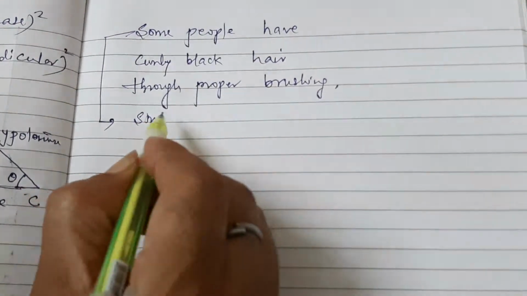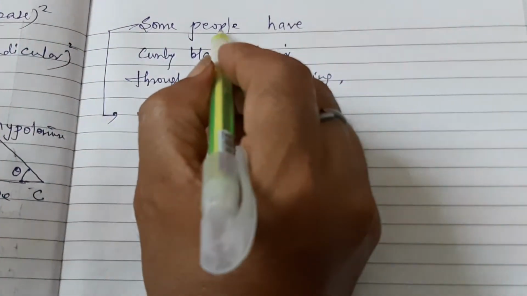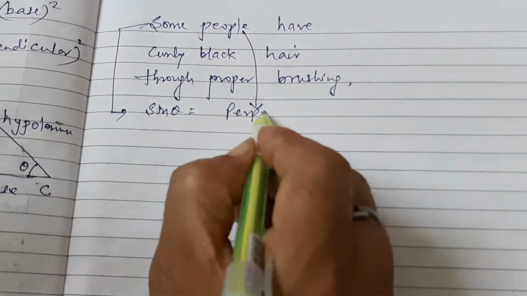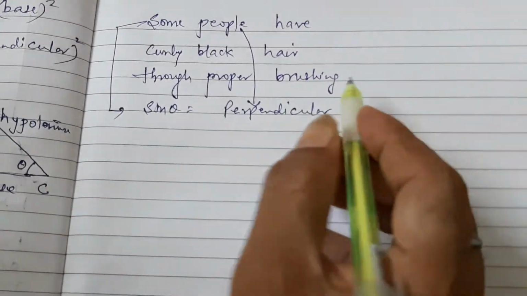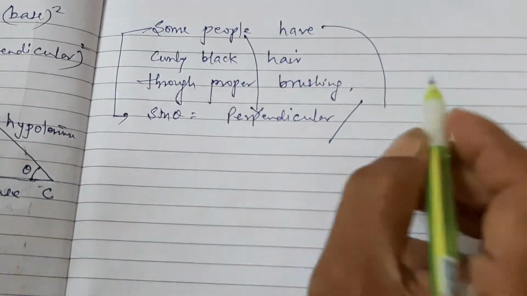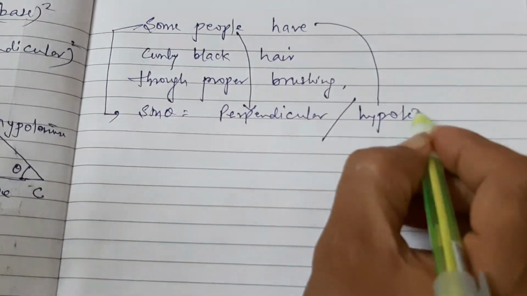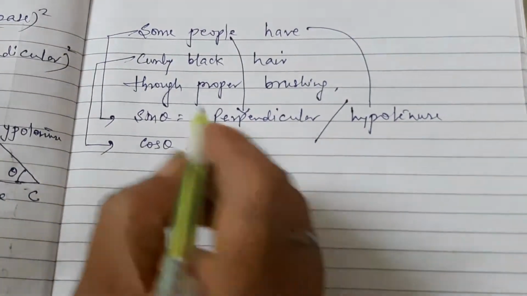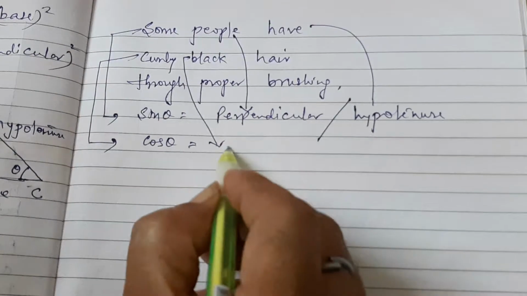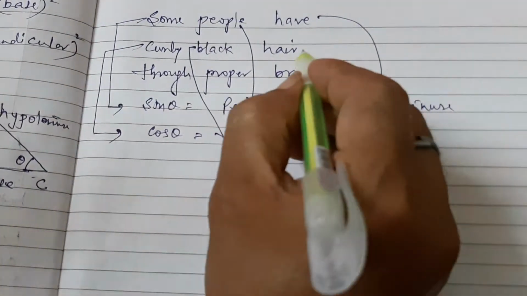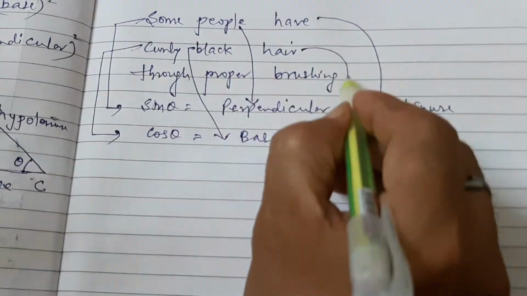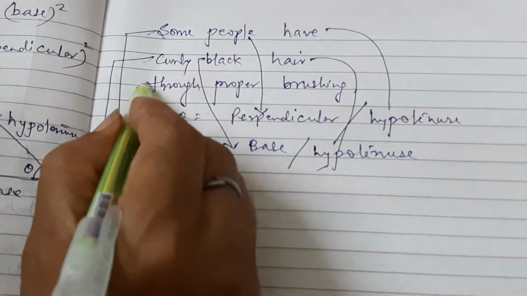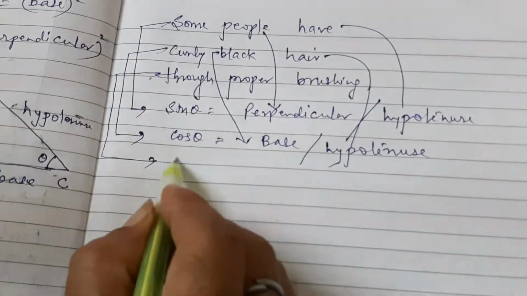Some for sine, people for perpendicular, have for hypotenuse, curly for cos, base, through for tan theta.